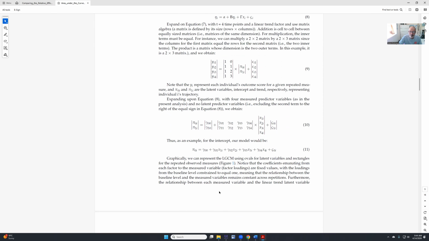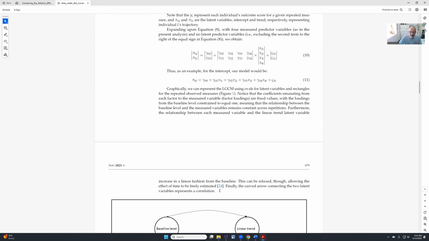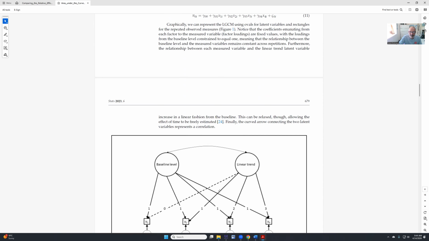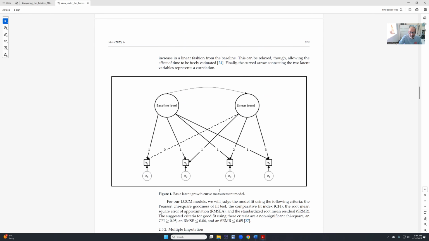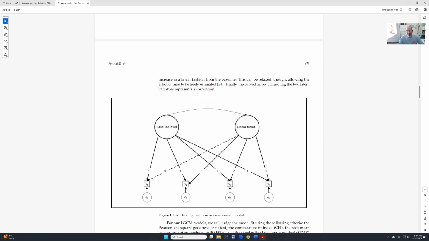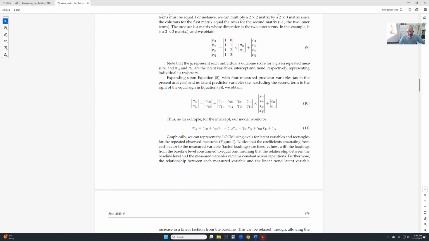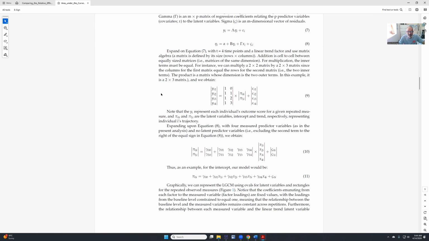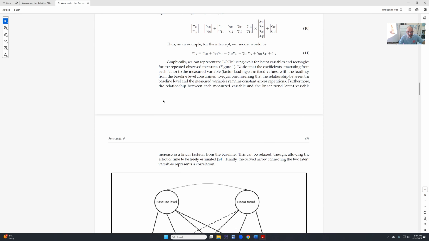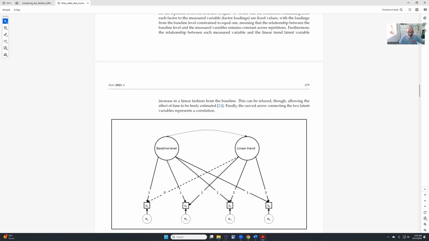Okay. And here's a picture of what I was showing at this place. Here's a picture that shows what a latent variable looks like, and this comes from that model. So you could actually go back here and use these equations to understand this figure, because here's your baseline level and how it relates to each of the four different observed measures.